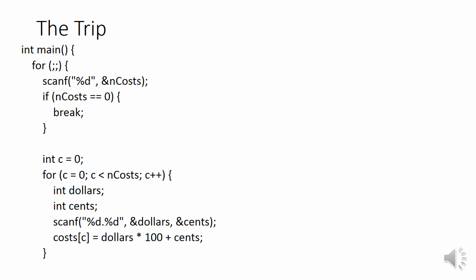The first student paid 10.00, so in the first index of cost[c] we store 1000, meaning 10 into 100 plus cent, which is 00. So 1000 is saved into cost[c]. Like that, 2000, and for the third student we enter 30.00, which means 3000.